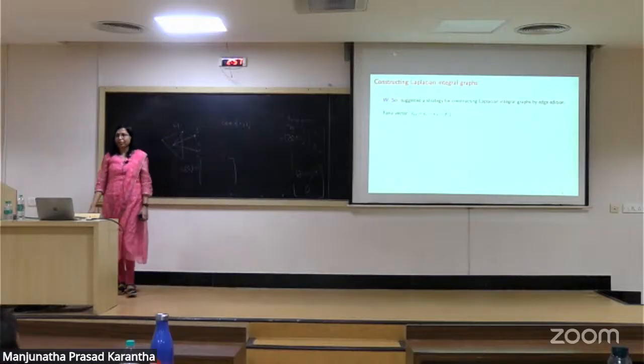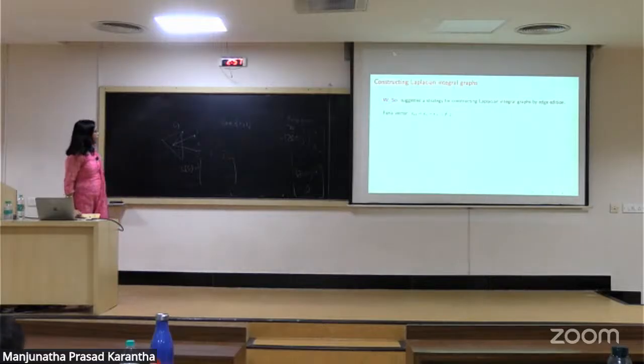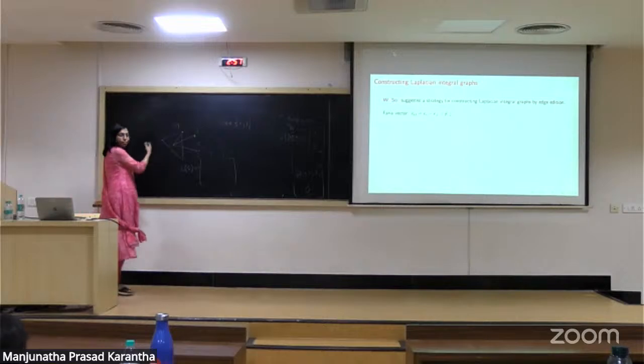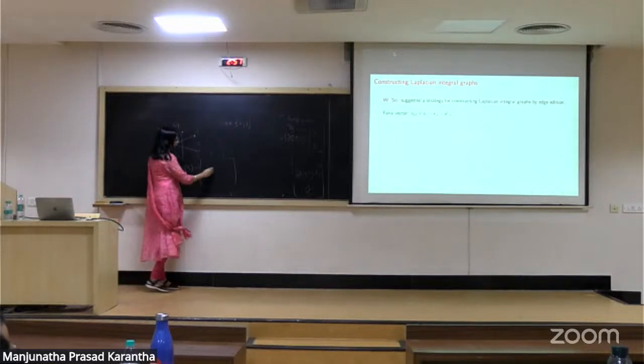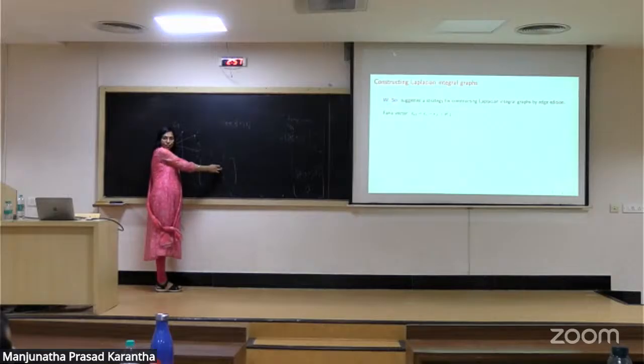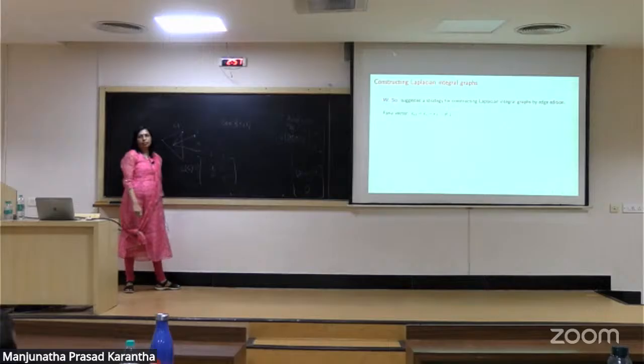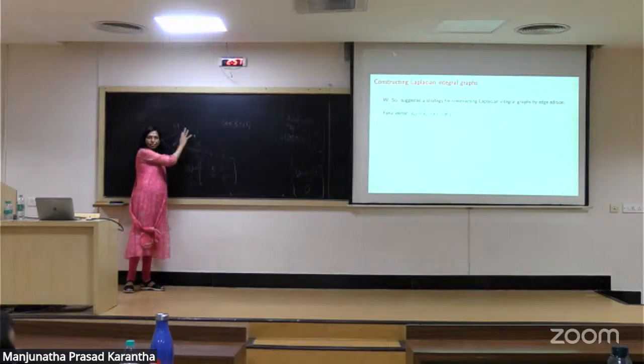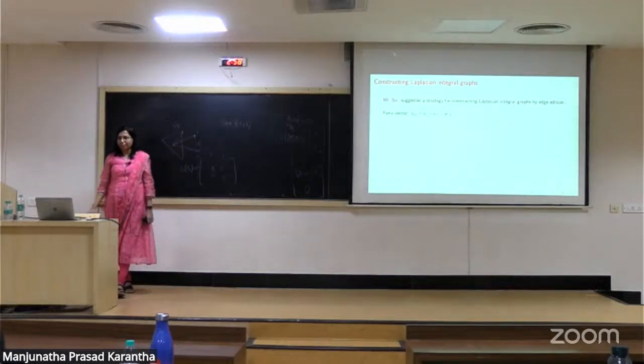They are the change here. Okay, so i and j were not adjacent, so the degree was coming from other vertices. Here some degree was there, here some degree is there, and this entry was 0 because they were not adjacent. And other things will remain the same for the new graph.